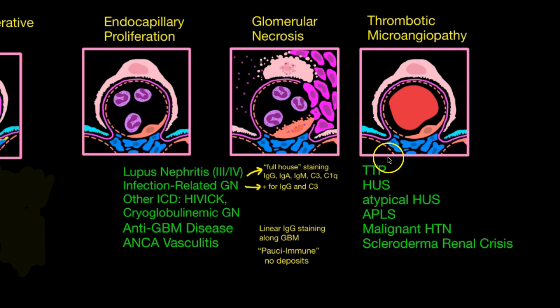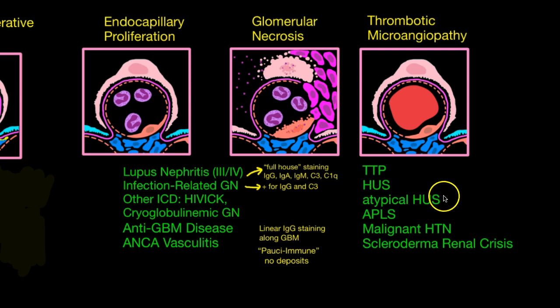So here's a list of some of the diseases that can cause a thrombotic microangiopathy in the kidney. So one of them is TTP. The other one is typical hemolytic uremic syndrome. And so remember, this is the disease that's seen in children who have a diarrheal illness due to some invasive bacterium that produces a toxin that actually causes the endothelial damage.